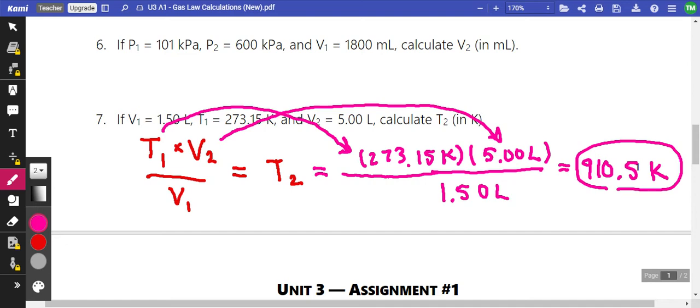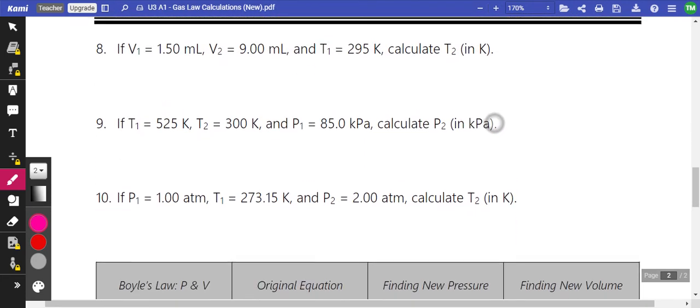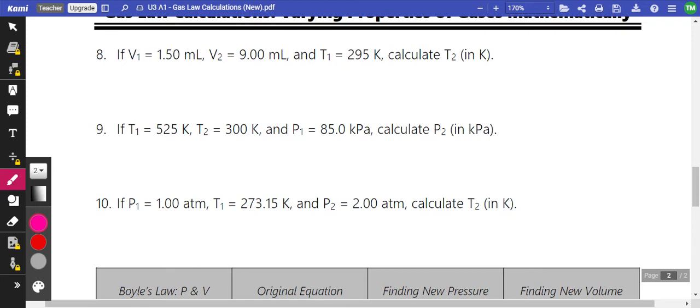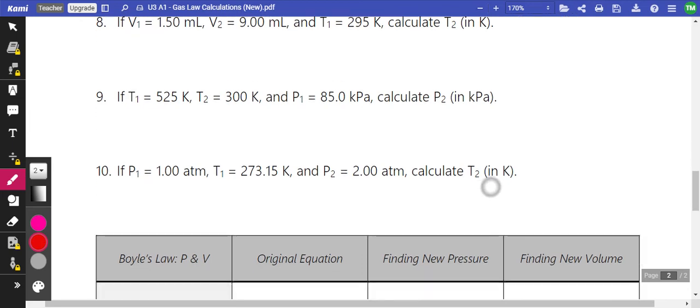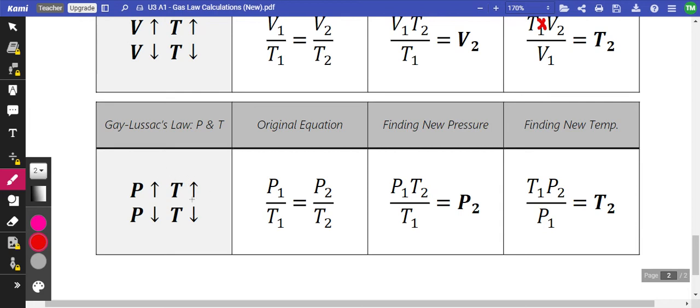Okay, let's do one more example. Let's look at the second to last one here. If T1 equals 525 Kelvin, T2 equals 300 Kelvin, and P1 equals 85.0 kPa, calculate P2 in kPa. If I've got pressures and temperatures, that calls for Gay-Lussac's law. So I've got my original equation here.